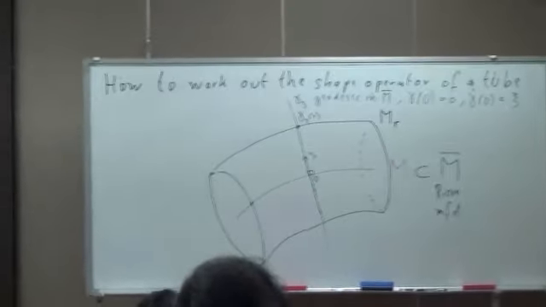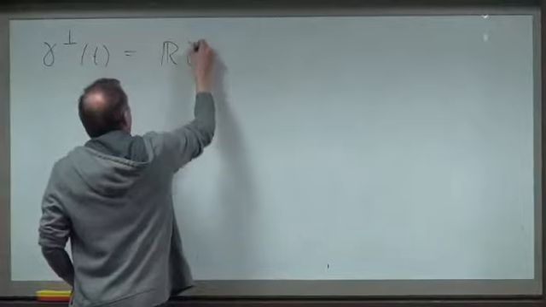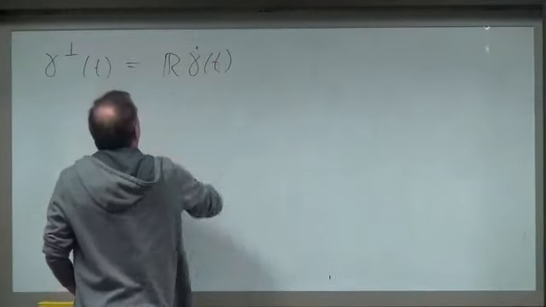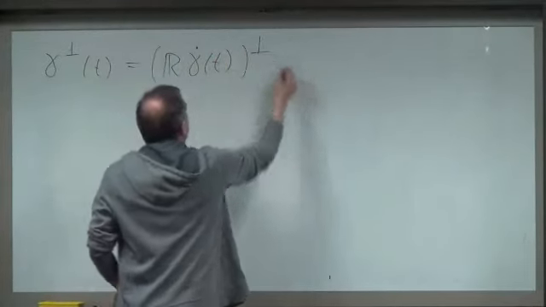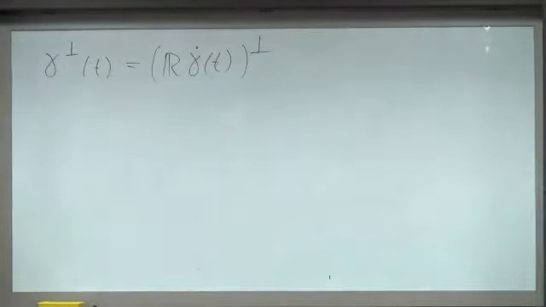So gamma perp of t is the orthogonal complement of the tangent vector.